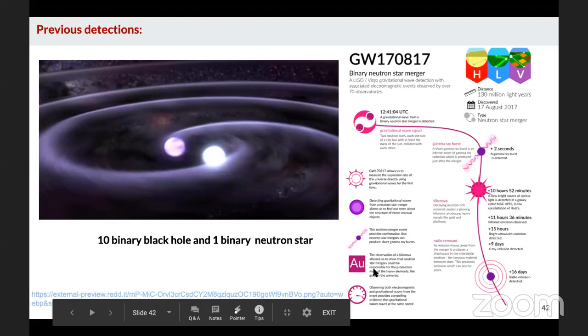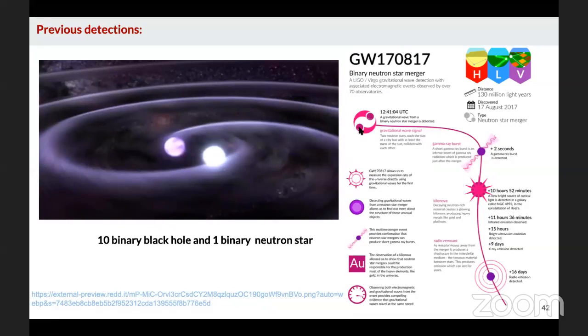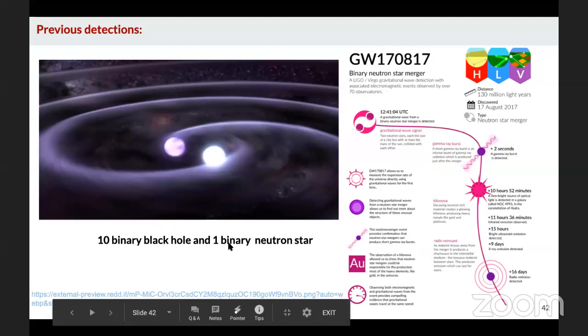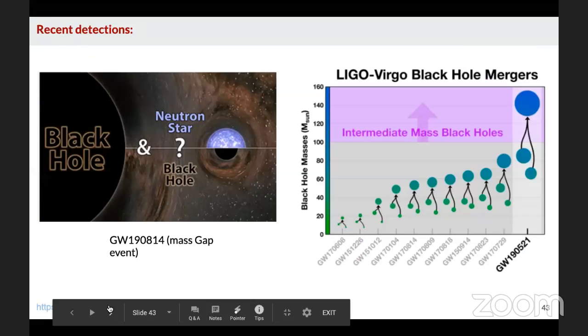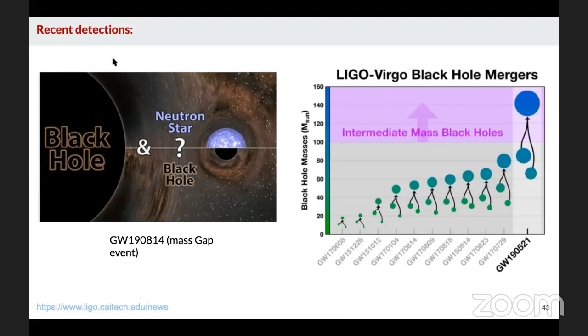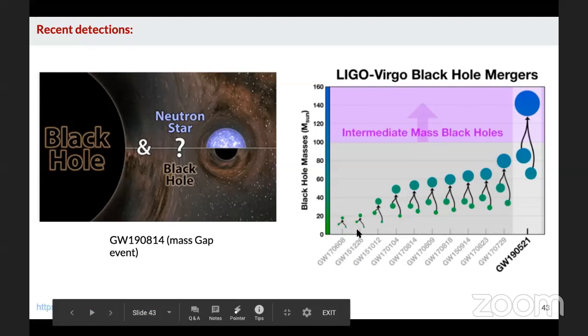We also got to know what heavy elements were present and emitted after this neutron star merged. So this sort of information we got from one binary neutron star merger, which happened in 2017.